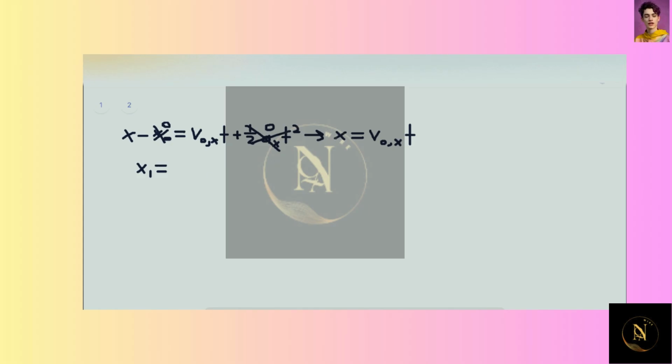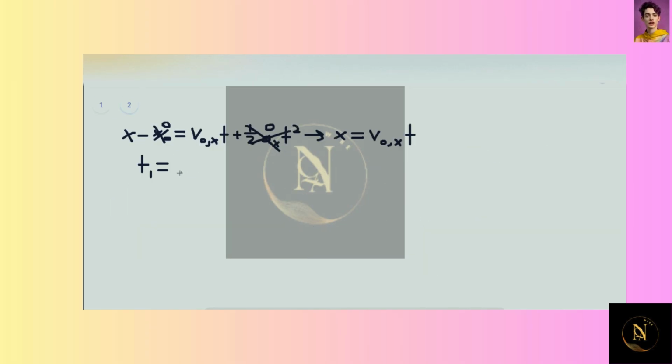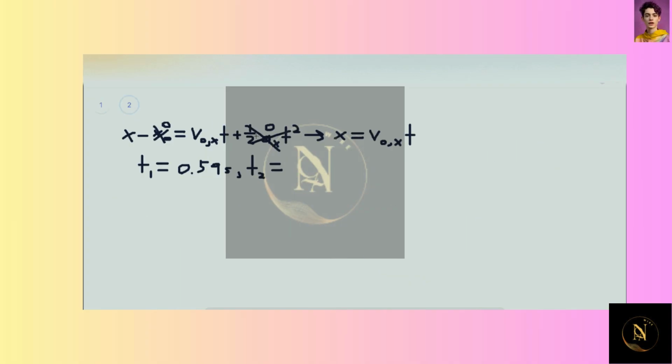So let's actually label t1 and t2 here. So let's say t1 is the first time calculated. So it's going to be 0.59 seconds. And then t2 is going to be the second time, which is 3.49 seconds.